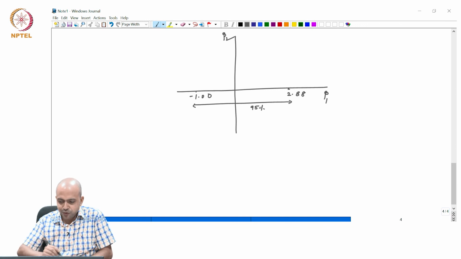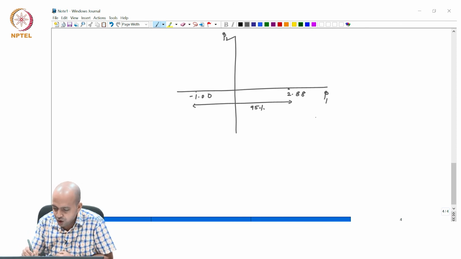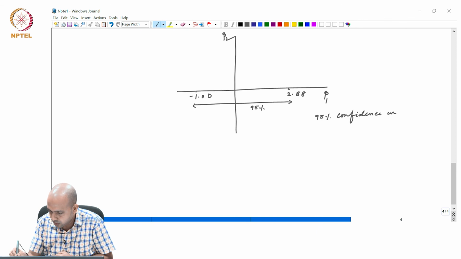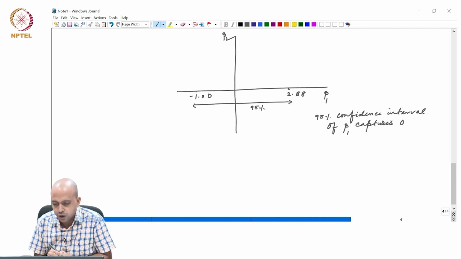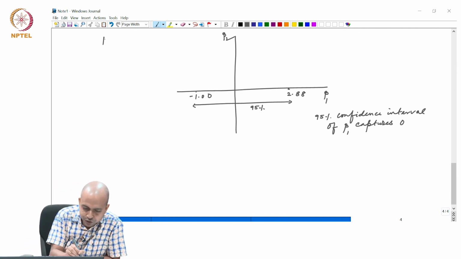Now, this 95% confidence interval of beta 1 captures 0, and what was our null hypothesis?